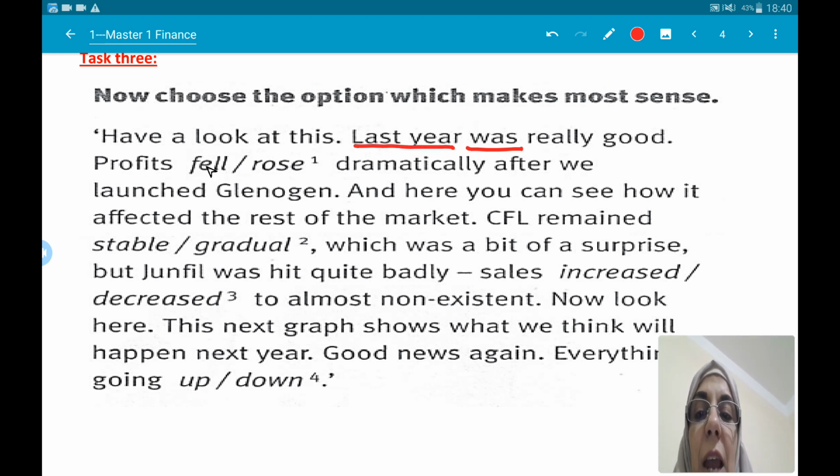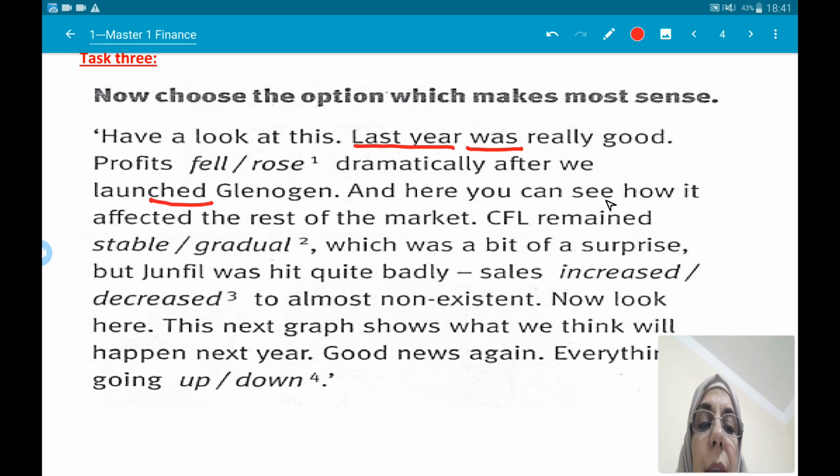Profits fell, rose dramatically after we launched Glenogen. Here is the past simple. For the verb here, you've got fell and rose. Both verbs are in the past simple. You have to choose one option to make better sense.